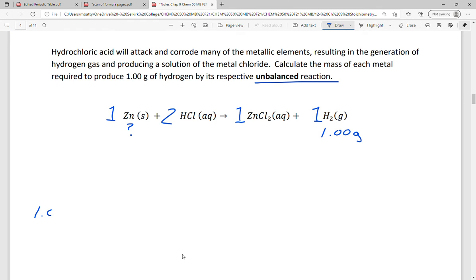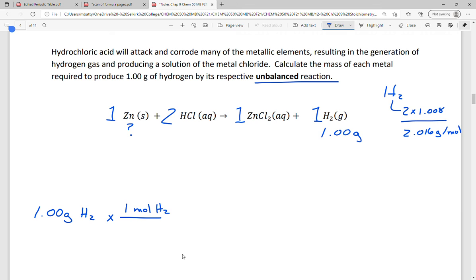So I'm going to start with 1 gram of hydrogen gas. Grams of hydrogen aren't very useful, but moles of hydrogen are. So hydrogen gas, if I were to figure out the molar mass of it, it's 2 times 1.008 or 2.016 grams per mole as the molar mass.